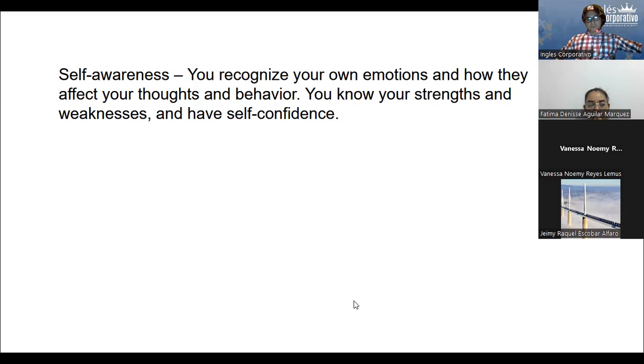I understood that it's when you can control yourself because you know what your emotions are, and you can explain, I think, and you can act with confidence with other persons, because you can control your emotions.